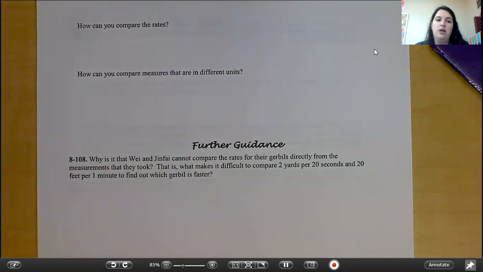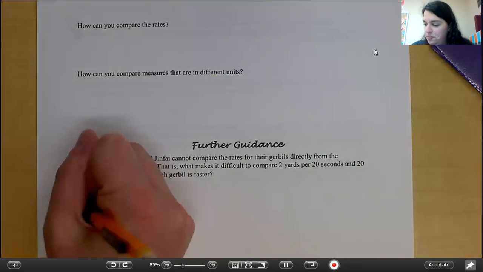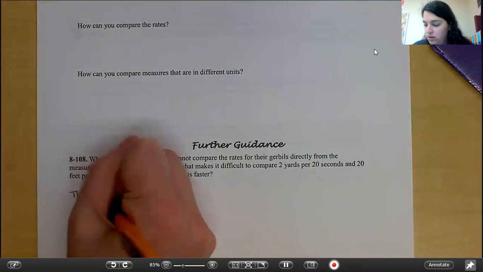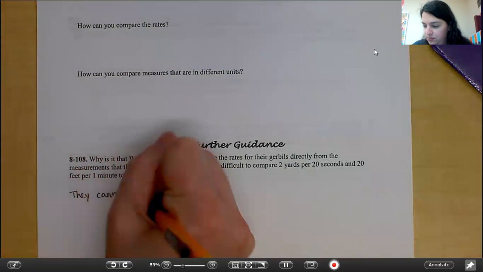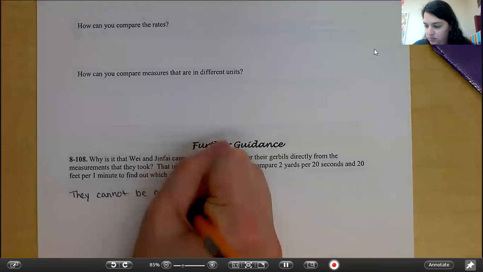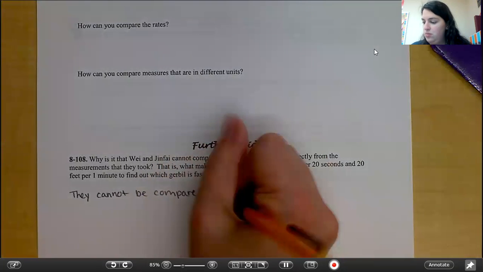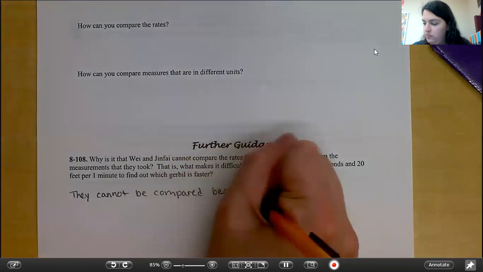In that question, it tells us about yards, feet, seconds, and minutes. So none of our units are currently the same. So they cannot be compared because the units aren't the same.